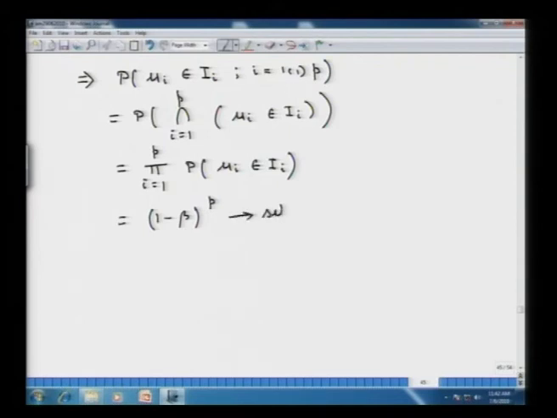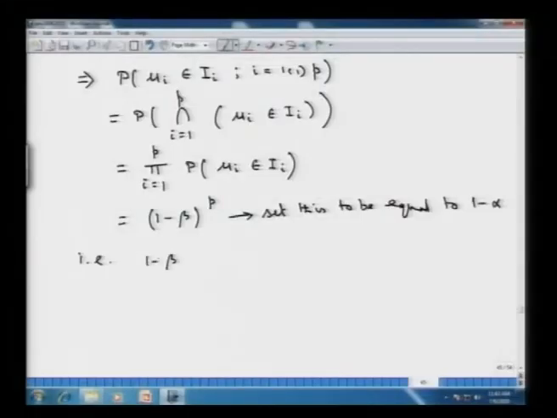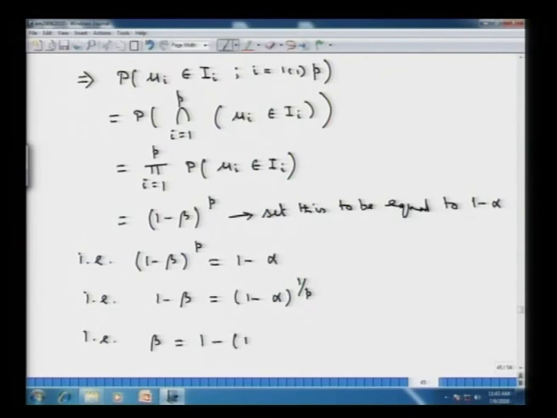So, we set this equal to 1 minus alpha, and then we can solve for beta, and that solution beta would lead us to the simultaneous confidence interval. That is, we set 1 minus beta to the power p equal to 1 minus alpha, that is 1 minus beta equal to 1 minus alpha to the power 1 upon p, that is, beta equals 1 minus (1 minus alpha) to the power 1 upon p.